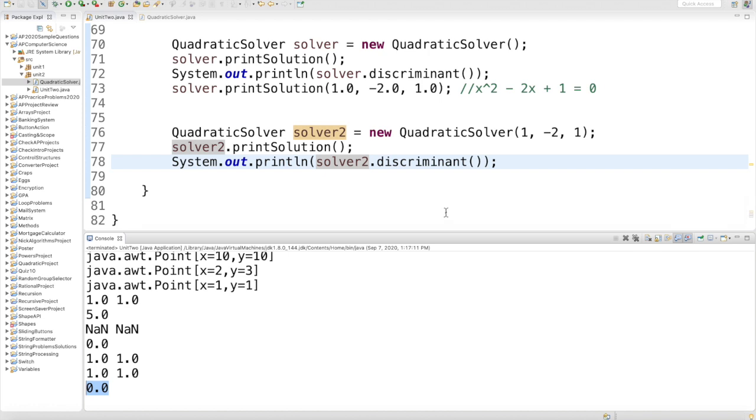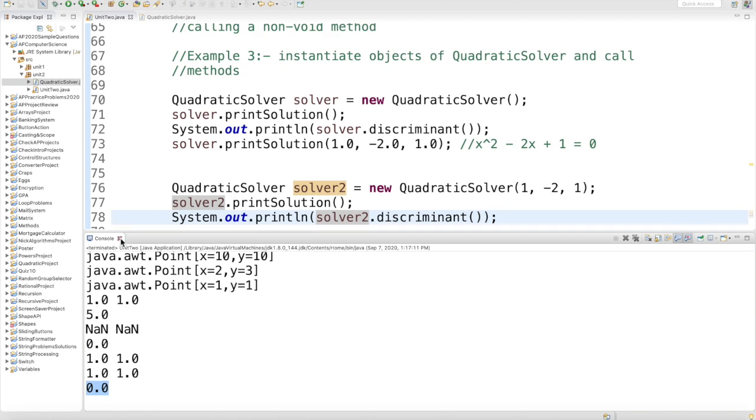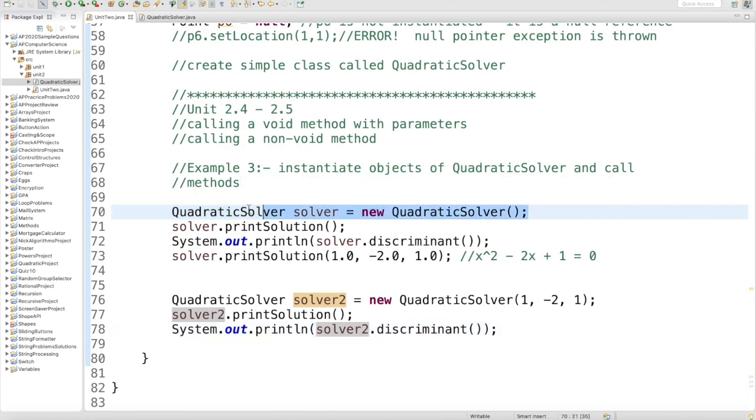So now that we've seen how to instantiate objects, specific instances of the class. This was the instance with A, B, and C being 0. This is the instance with A being 1, B being -2, and C being 1.